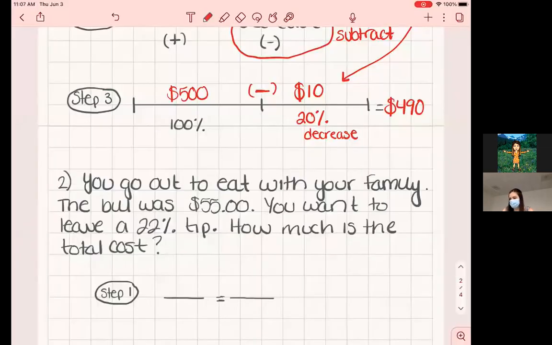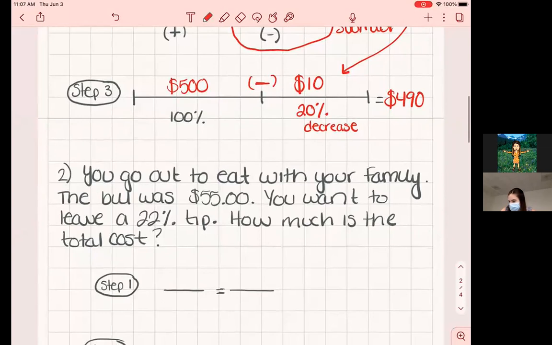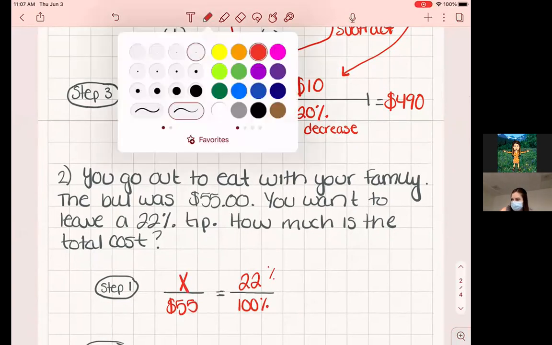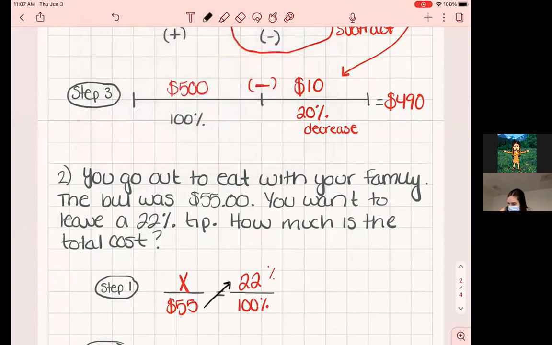All right, so when we set it up, I can put my 100% here, and the other percent goes up top. That's 22. And then the whole is 55. So I'm looking for the part. And with these line diagrams, pretty much every time you're going to be looking for the part. We cross multiply. So multiply across.